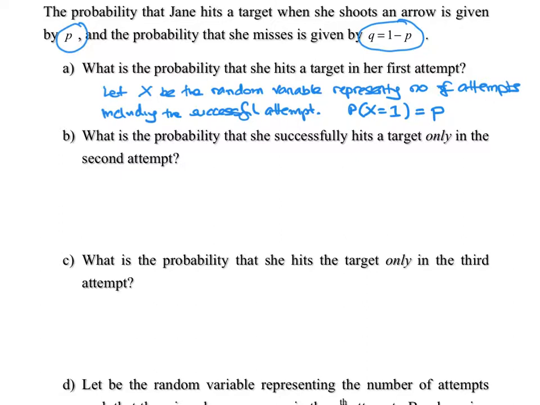What is the probability that she is successful in the second attempt? So P(X = 2) will be equal to the probability of failure in the first attempt and a success in the second attempt. So the answer is simply QP.